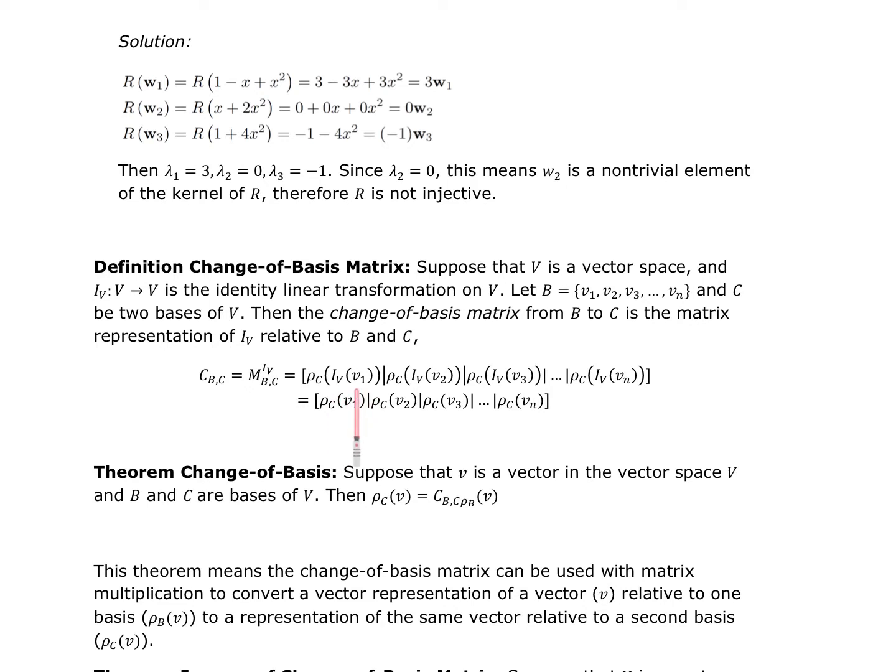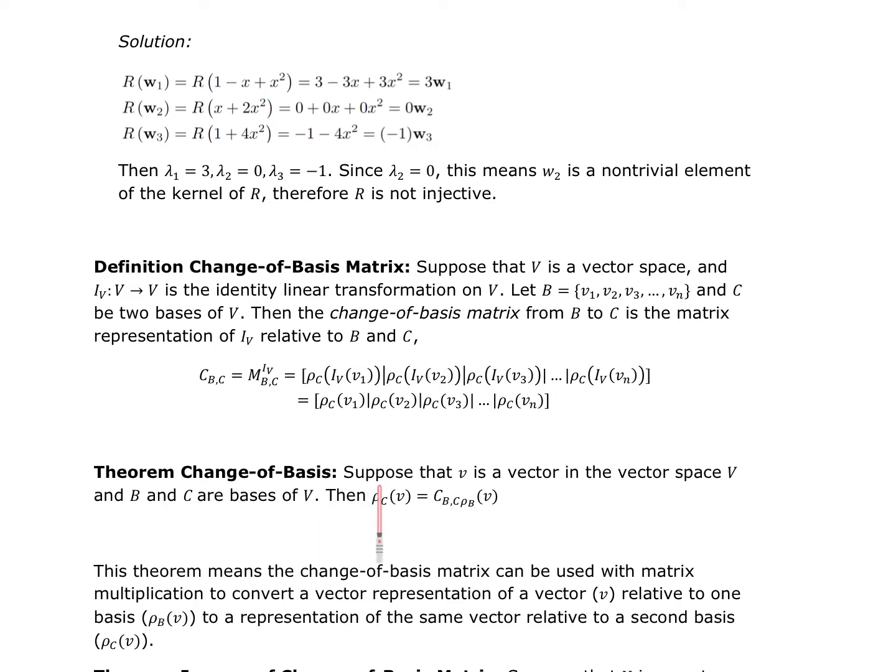So each one of these just means that the columns can be filled in with the vector representation of C with respect to the identity linear transformation of each one of the V1 all the way up to Vn.